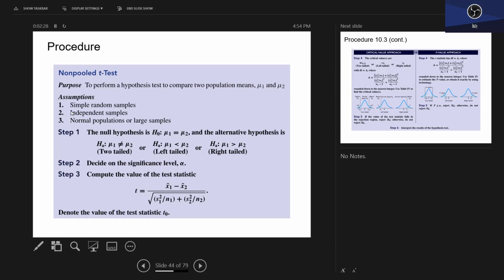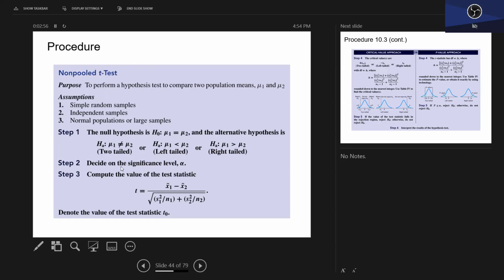Slightly different, though. The first one is the assumptions. The pooled t-test has 4 assumptions, where we keep the same simple random sample, independent samples, and normal distribution or large samples. The fourth one would be assuming that the standard deviations are equal. But for the non-pooled t-test, we don't. Step 1 is the same. We have 3 different cases: two-tail, left-tail, and right-tail.